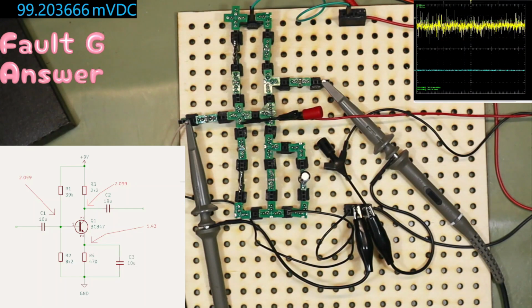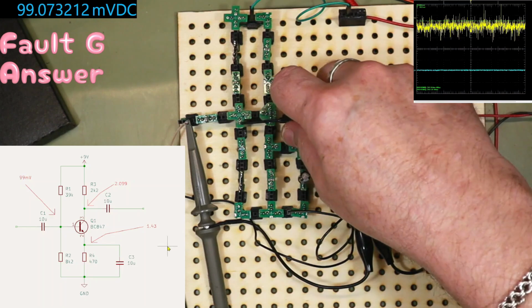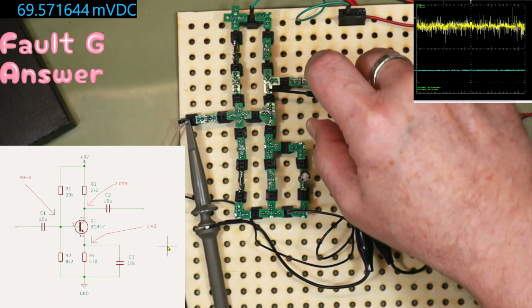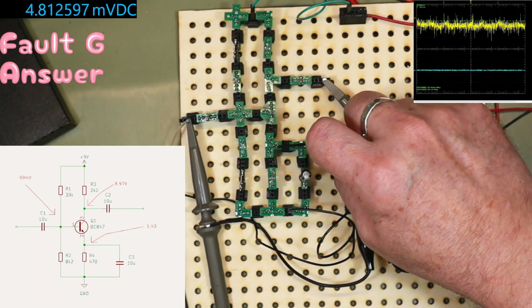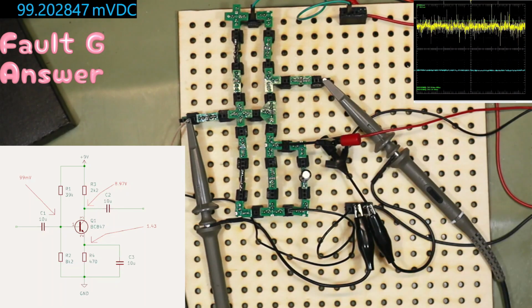Right, what have we got here? We have 99 millivolts on the base, 8.97 volts on the collector, and 99.22 millivolts on the emitter.